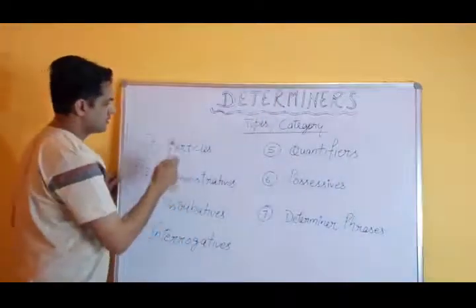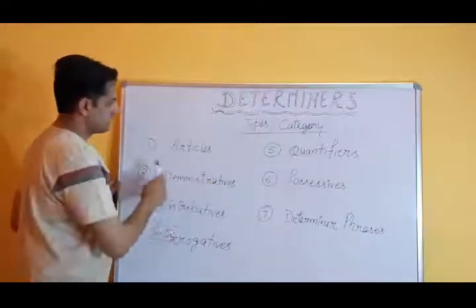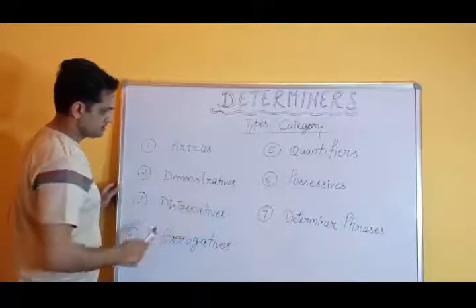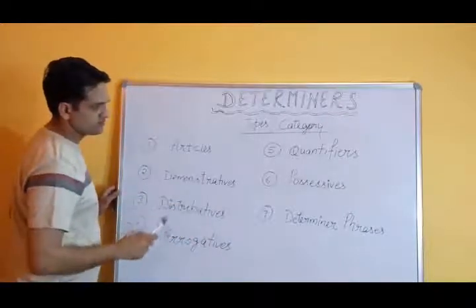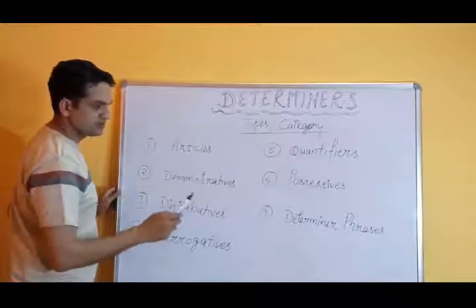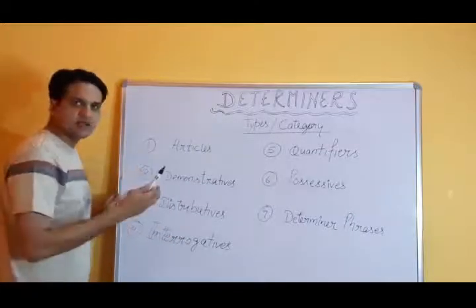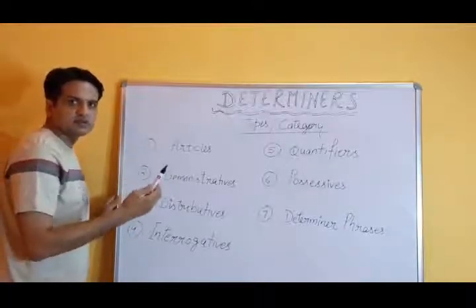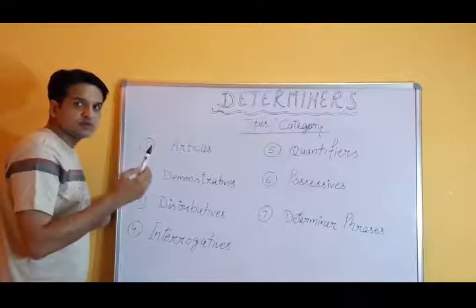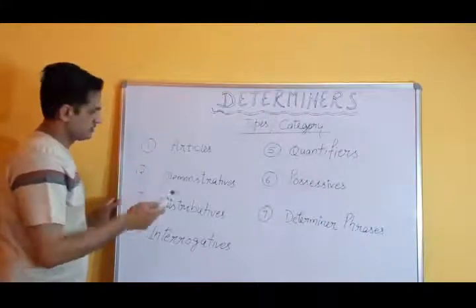Here are the basic 7 categories of determiners: articles, demonstratives, distributives, interrogatives, quantifiers, possessives, and determiner phrases. Articles. As you know, articles are the determiners that specify the definiteness or indefiniteness of the noun.